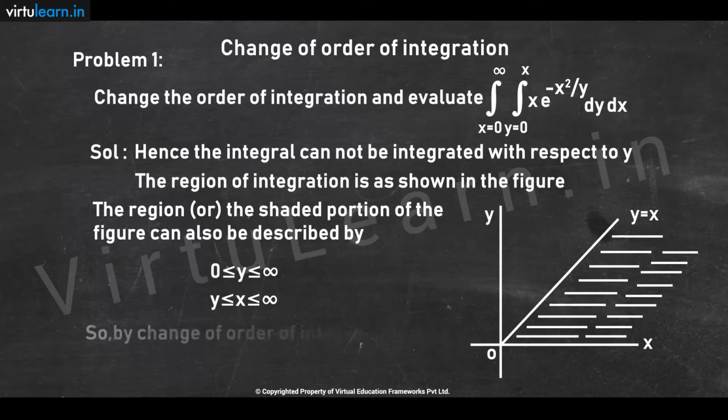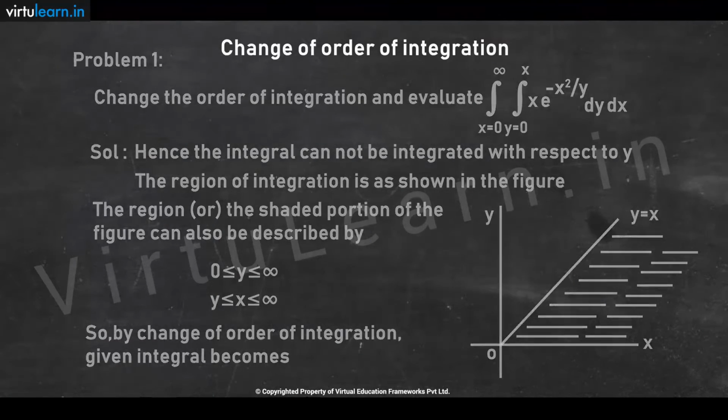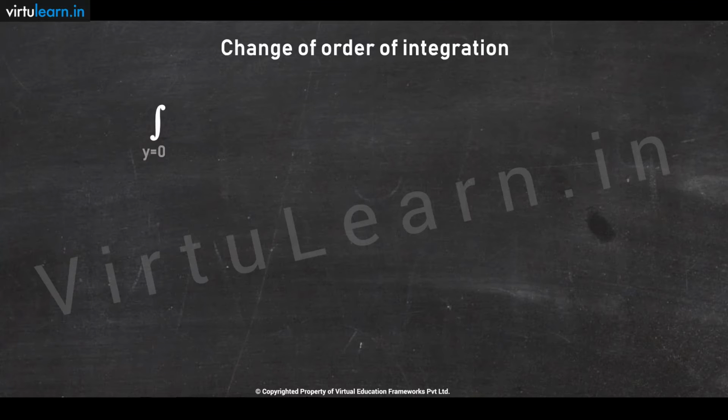So by change of order of integration, the given integral becomes integral y is equal to 0 to infinity, integral x is equal to y to infinity, x e power minus x square by y dx dy.